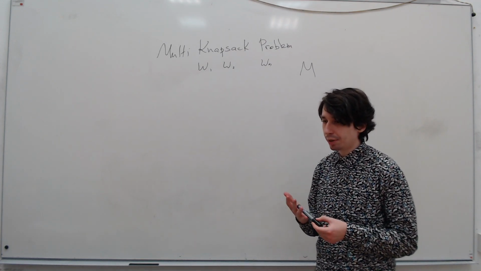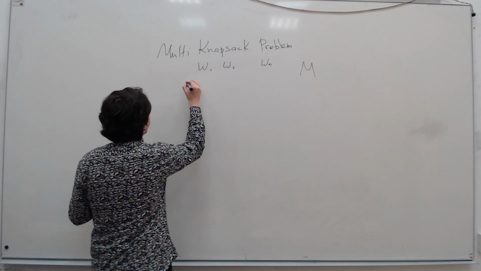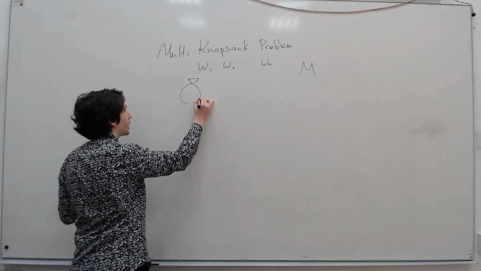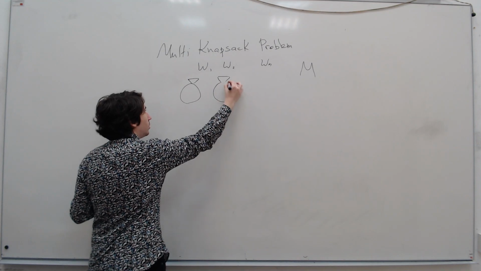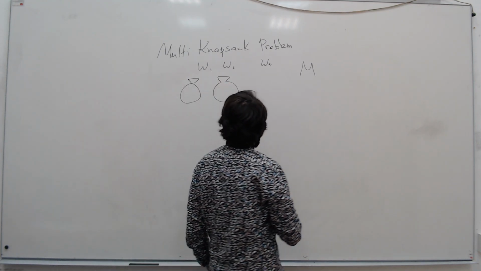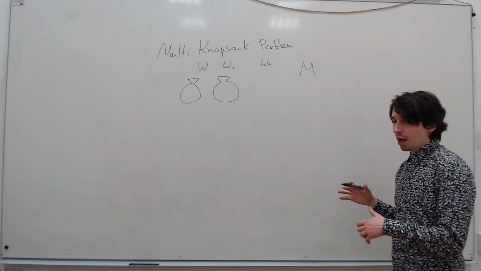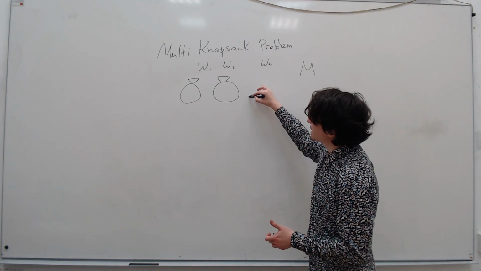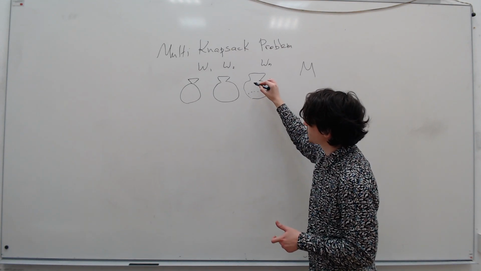So the reasonable thing is to take a knapsack, the first, the second, and then you want to add some subset of elements into the third knapsack, some subset.